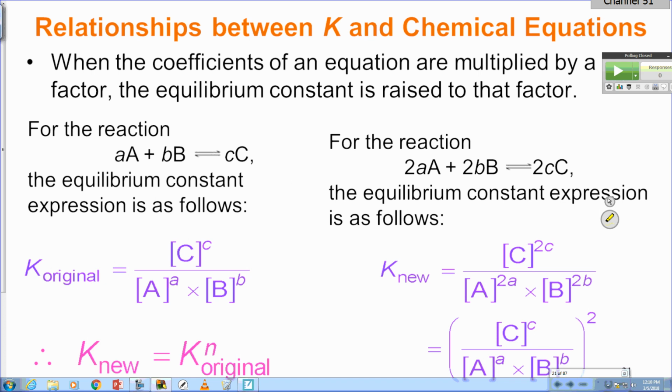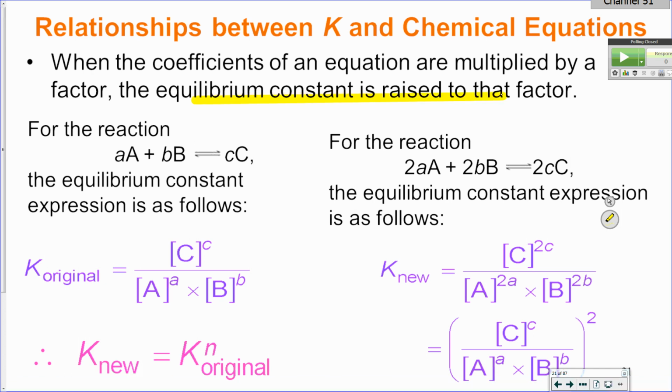All right. Now if we look at what happens when we multiply an equation, if I take the coefficients and multiply them by some number, that means I raise the value of K by that factor. So if I looked at the reaction A plus B yields product C, the original K expression would be C to the c power divided by A to the a power and B to the b power.